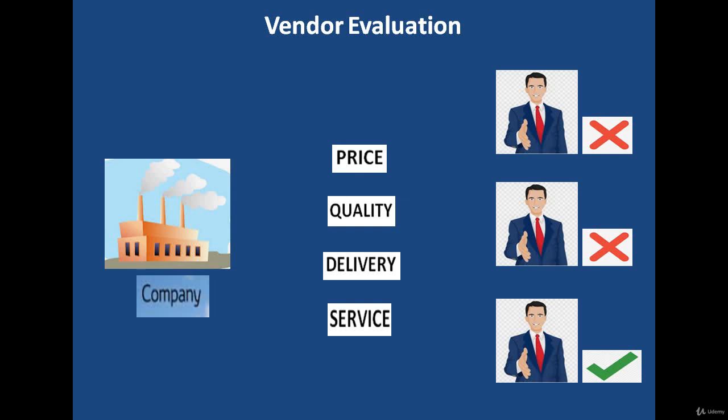So these are the 4 standard parameters or factors of the vendor with the company. These are the basic parameters which the company wants to look at before or while selecting a vendor or doing an evaluation of the new vendor.